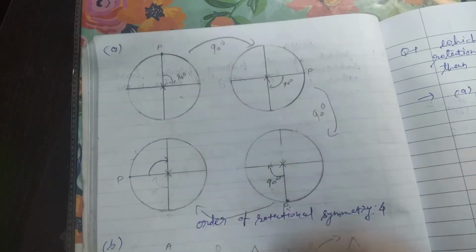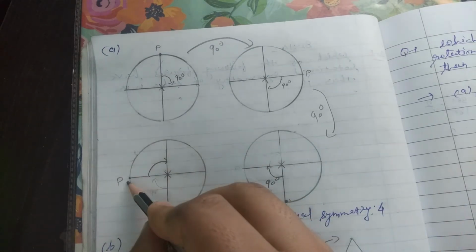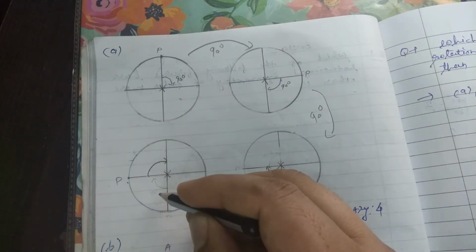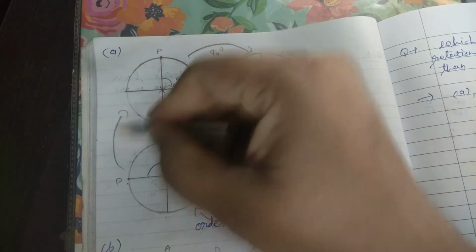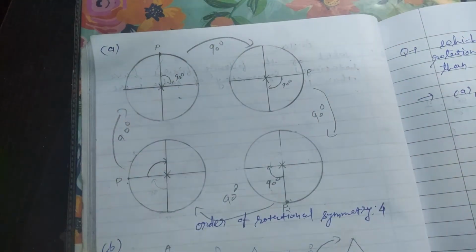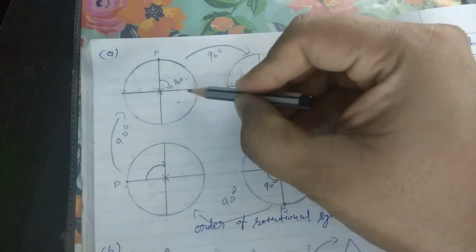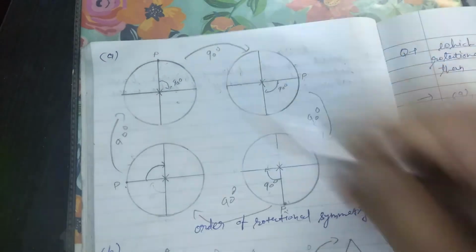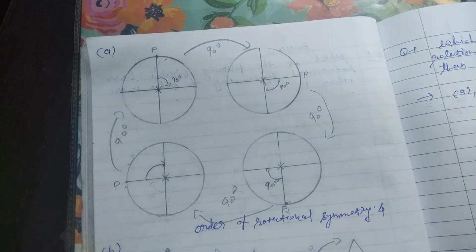Then again we will rotate by 90 degrees. The point P will come here, same clockwise direction, and again the same clockwise rotation at 90 degrees. Our full rotation will complete, that is 360 degrees, and we get the original figure. So how many times have we rotated and got exactly the same figure?